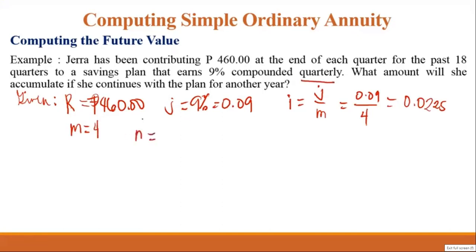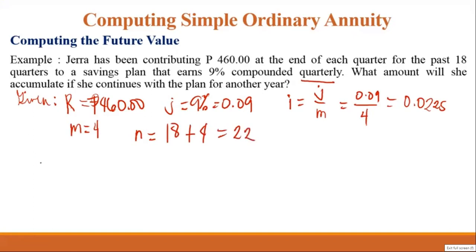And our N, which is the number of payments in the annuity, since 18 quarters plus 4, is 22. Okay?